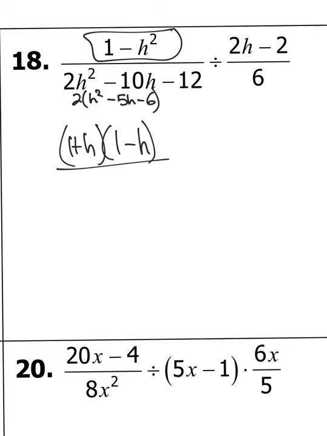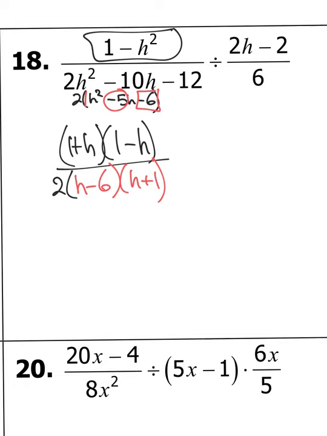Okay, so now I have 2, that's my GCF, and now I have a that's 1, so my factors of negative 6 that add up to negative 5 would be negative 6 and positive 1, all right? So again, my factors of negative 6 that add up to my b term there. Okay.